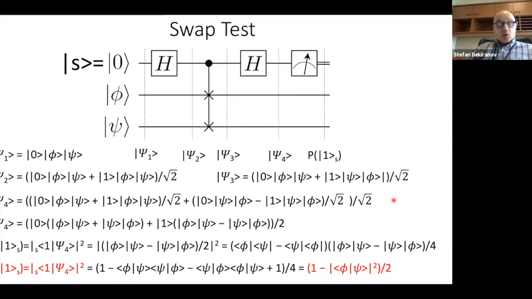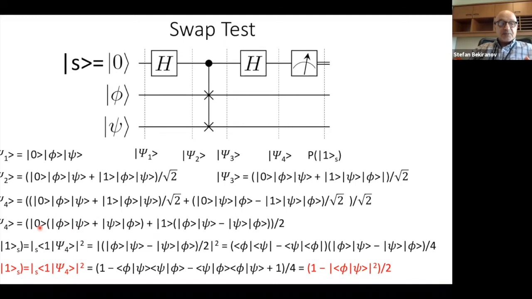So the order matters, okay? And the state is still normalized. And then the Hadamard does its usual thing. For the 0, it turns that into 0 plus 1 over square root of 2. And when it's a 1, it's 1 minus 0 over square root of 2. I can collect terms algebraically, that's allowed.